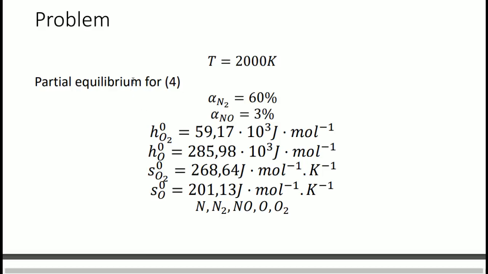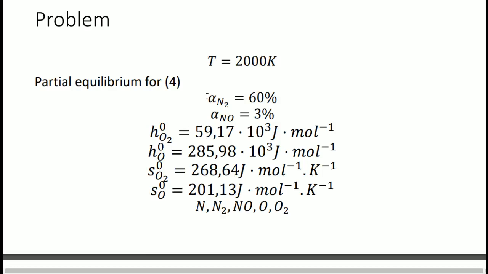We have partial equilibrium for the split of O2 into O plus O. We will consider that there is 60% of N2, so it's relatively close to the percentage in air. It means you add a little bit of fuel for a big amount of air.